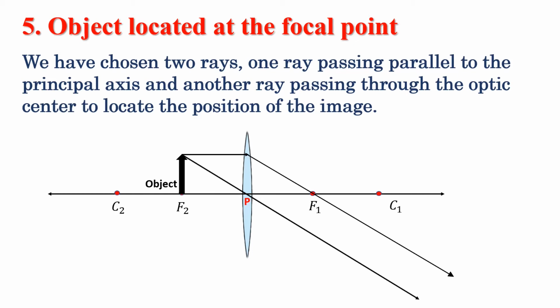Now if you observe carefully, these two rays are not intersecting on the other side. These are parallel, so they never intersect each other. So we can say when the object is placed at focus F2, the image is formed at infinity.